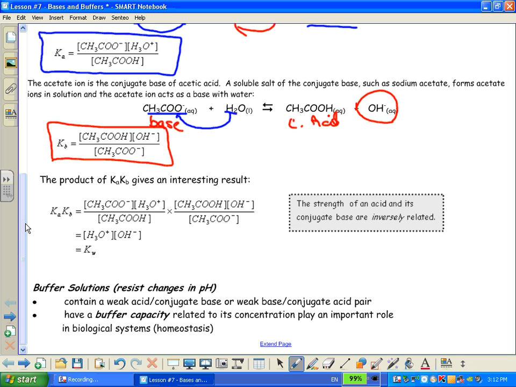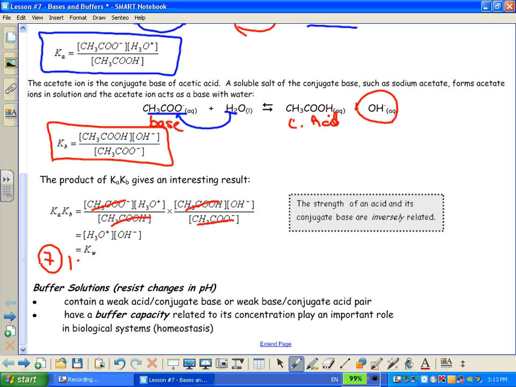Interestingly enough, if you take those values and multiply them together, Ka times Kb, the two equations I boxed in, you'll see that this cancels out with this, and this with this, and you're left with H3O plus, our hydronium ions, times OH minus, which we already learned in previous lessons represents our Kw equation. So our seventh equation, remember that other lesson where we did six equations?